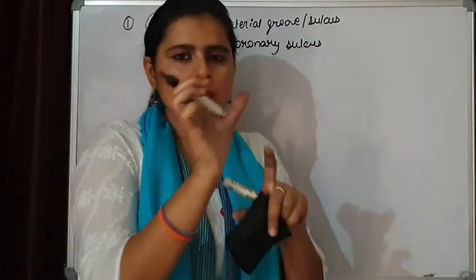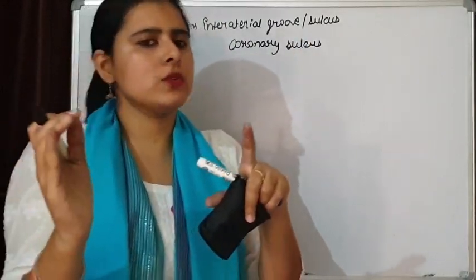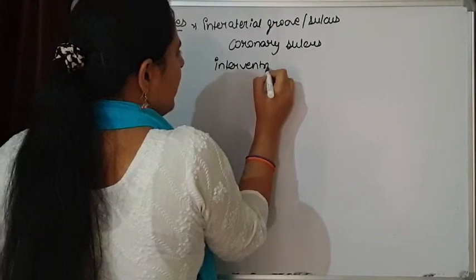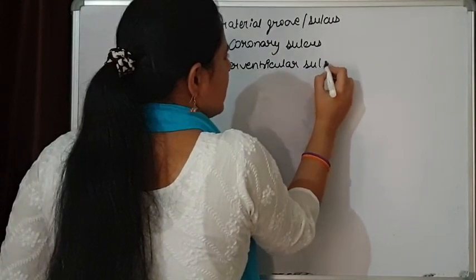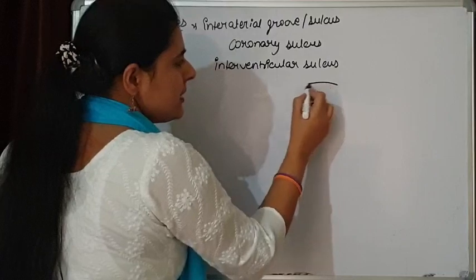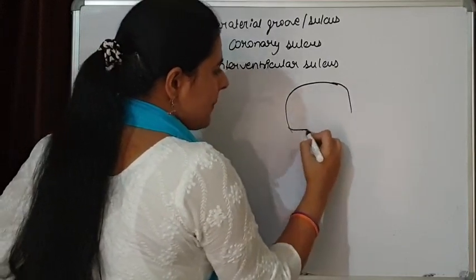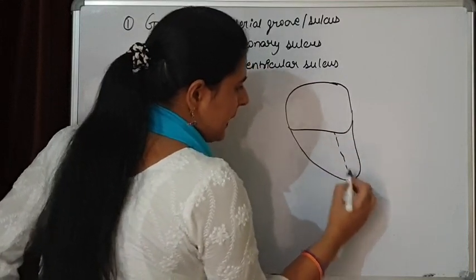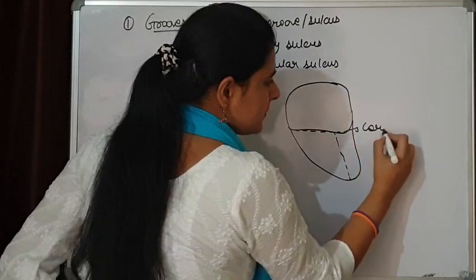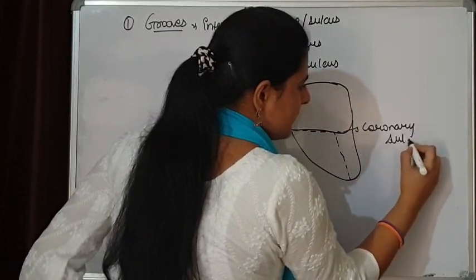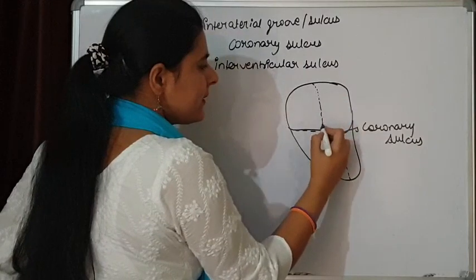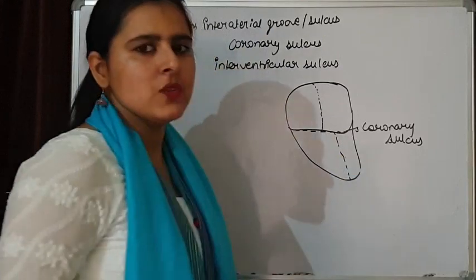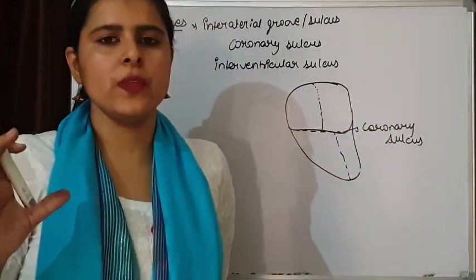And lastly, we have two ventricles, which are also separated by a groove, the interventricular sulcus. This is the coronary sulcus, somewhere here the interatrial sulcus will be present, and this is the interventricular sulcus. So these grooves are separating the chambers of the heart.